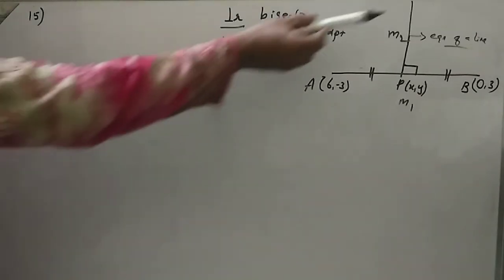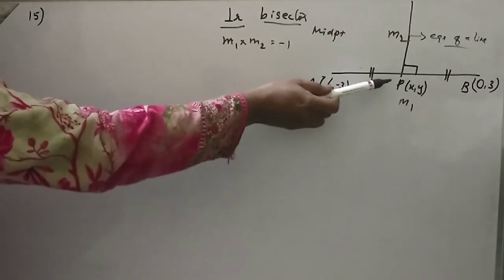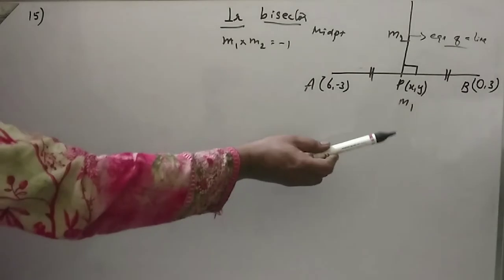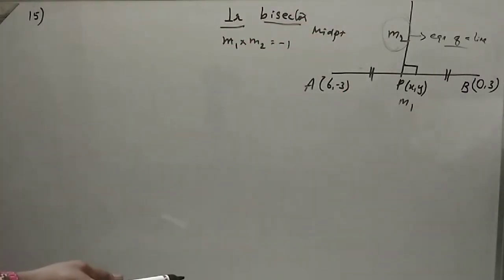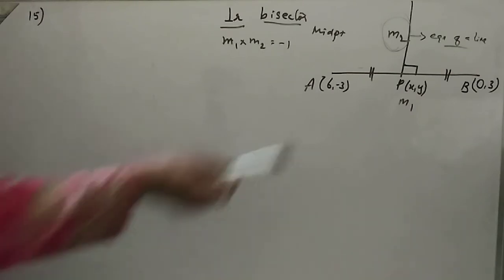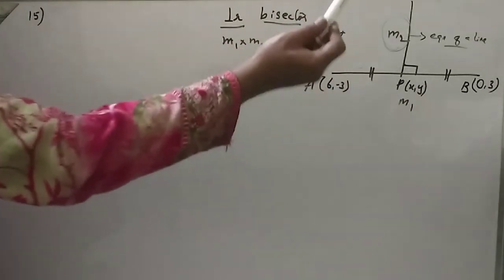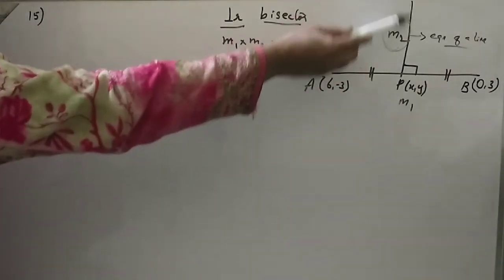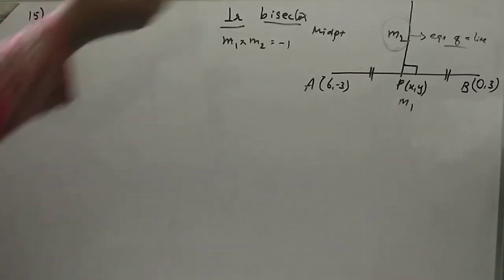So this line is a perpendicular bisector of AB. We have to find the midpoint P, and then we should have the slope of this perpendicular line. If you have P and the slope, can we find the equation of a line? Yes. So take the slope of AB as m1 and then the slope of the perpendicular line as m2. Clear?